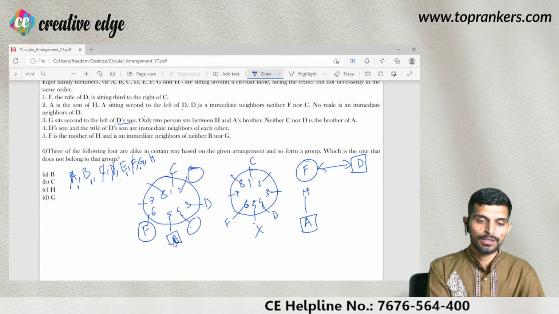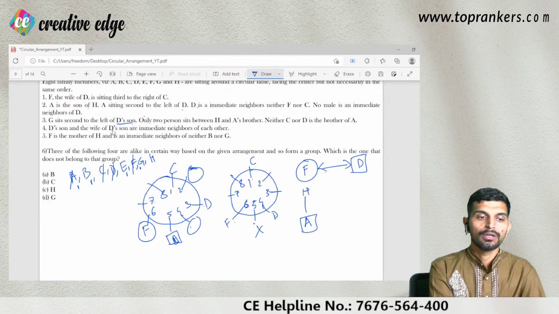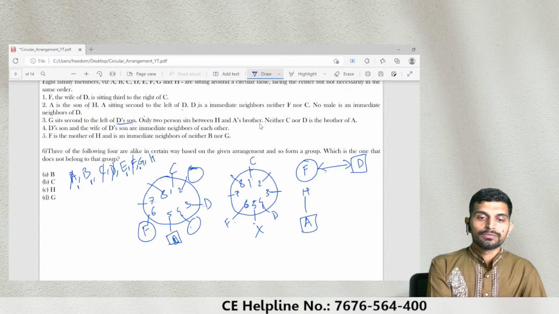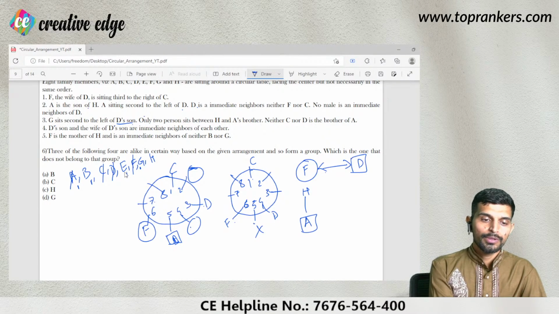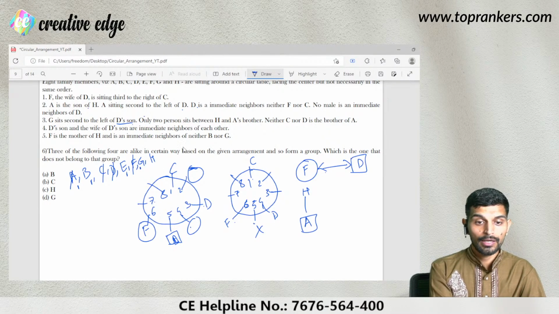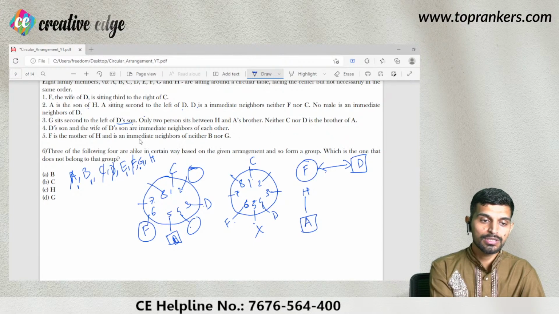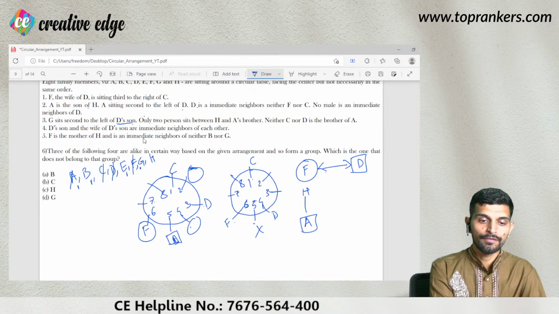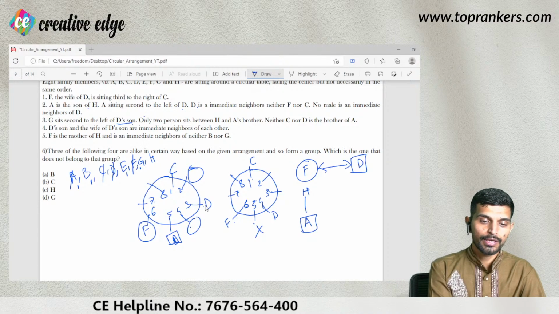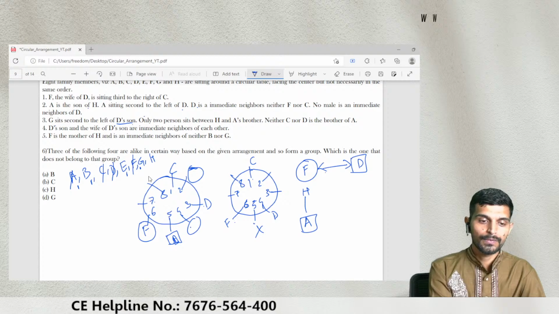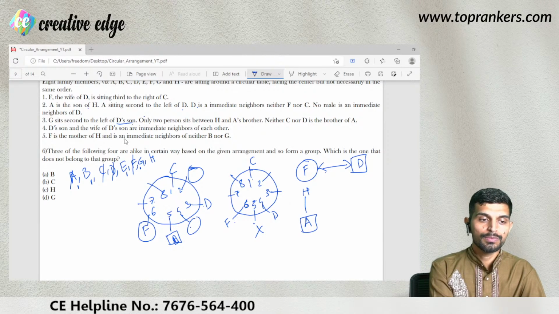I have already fixed A's position. So A's brother could be E, and I am definitely sure G is not A's brother because I'm locating G. G sits second to the left of D's son. So second to the left of D's son and A's brother.